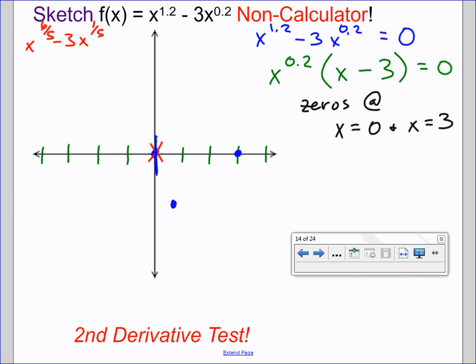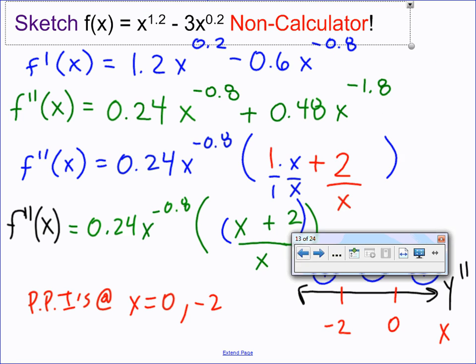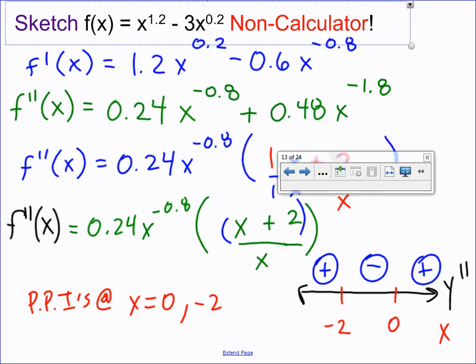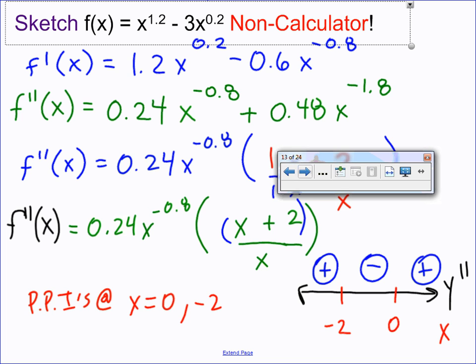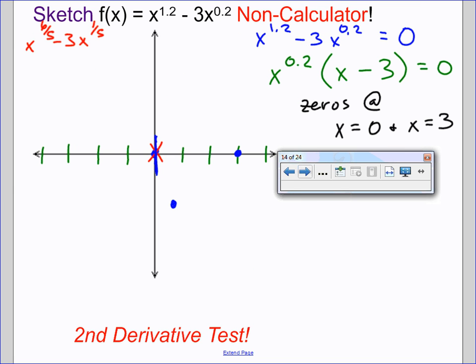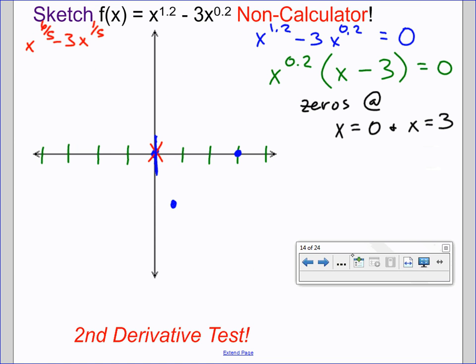And I need to change the curvature at x equals -2. At x equals -2, I need to change the curvature, but it has to be above that because I have a 0 there and we're decreasing. So changing curvature somewhere, I'll say here.